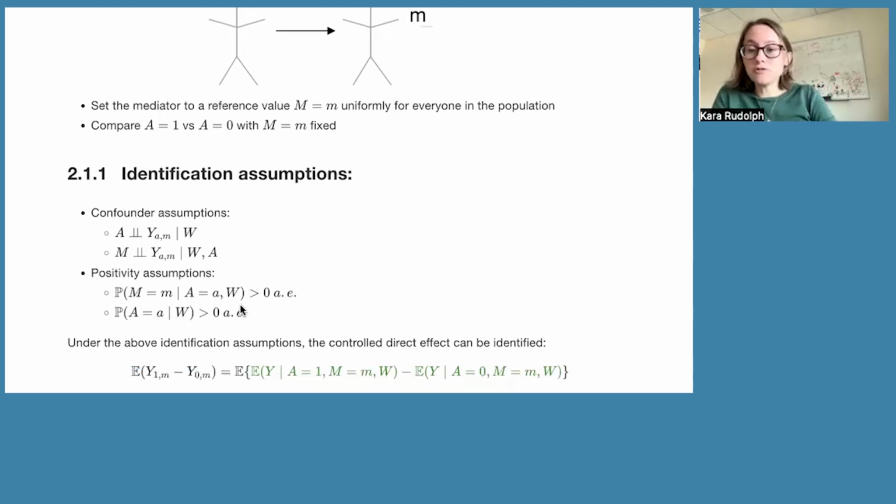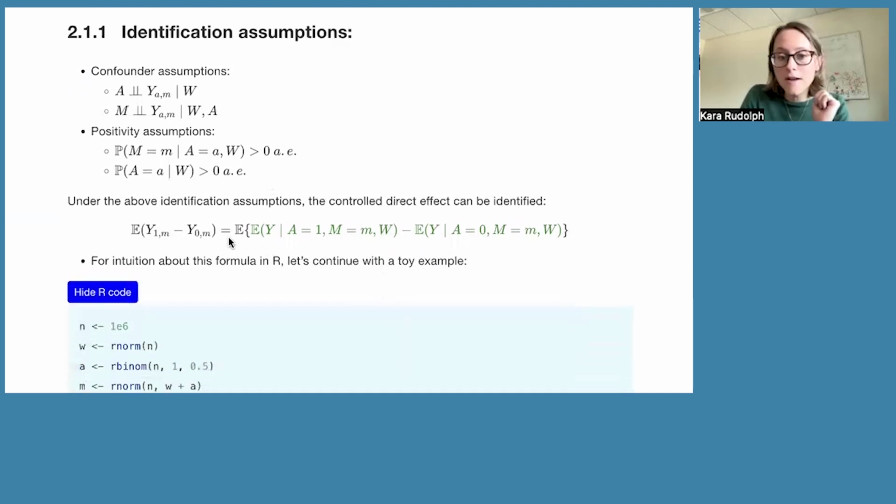Under these assumptions, we can do what's called identify the control direct effect. This is just the rewriting of our causal mediation estimand as a function of observed data. Here are our counterfactual outcomes, which we don't see. But on the right-hand side, these are all random variables and we have these in our data.